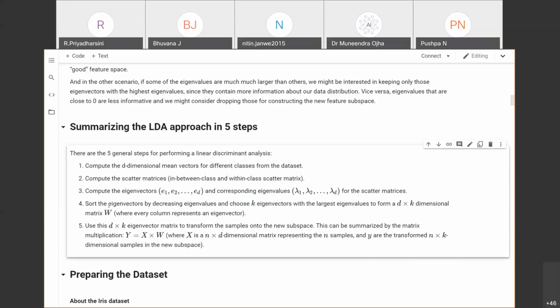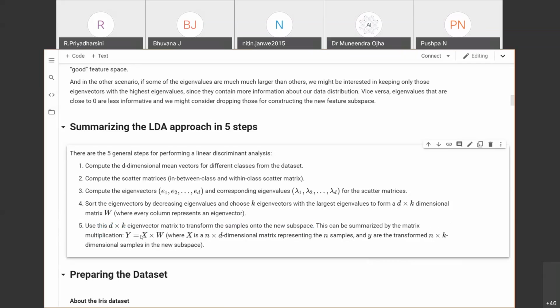Okay. So sort the eigenvectors by decreasing eigenvalues and choose k eigenvectors with the largest eigenvalues to form a d by k dimensional matrix. Use this d by k eigenvector matrix to transform the samples onto the new subspace. Now this has become a coordinate system kind of thing. It will give you a new coordinate system in which you want to project your original data points. So use this W to multiply with the original data matrix.